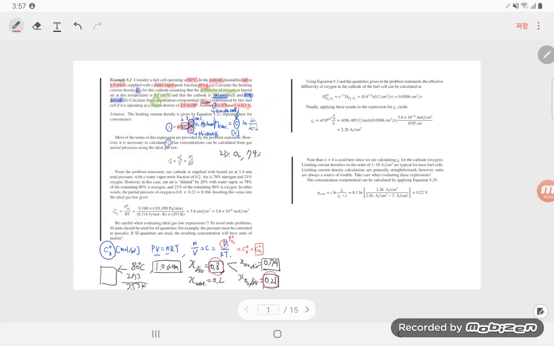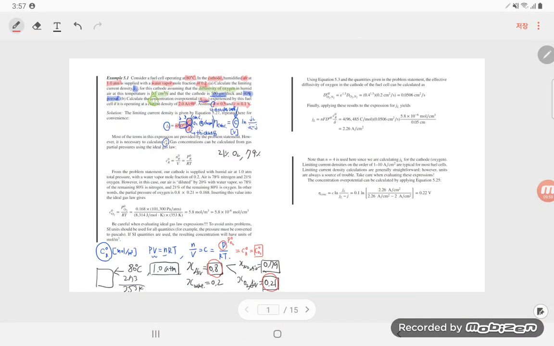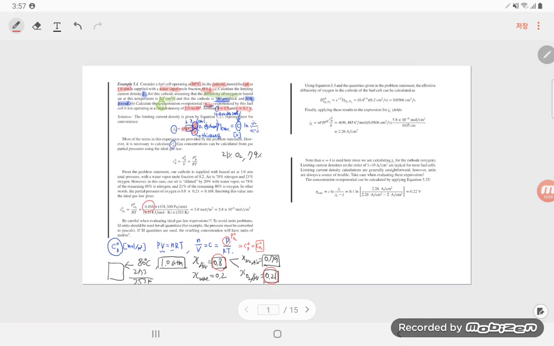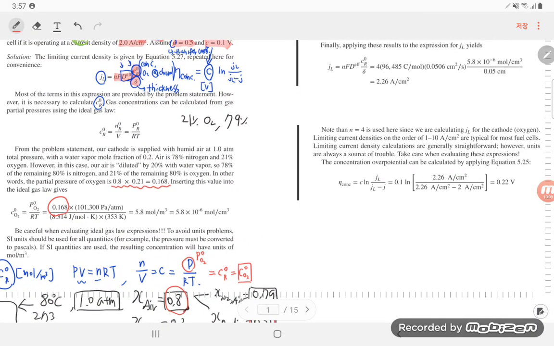This is the real mole fraction of the oxygen, right? So if you multiply this, then we get 0.168 in here.